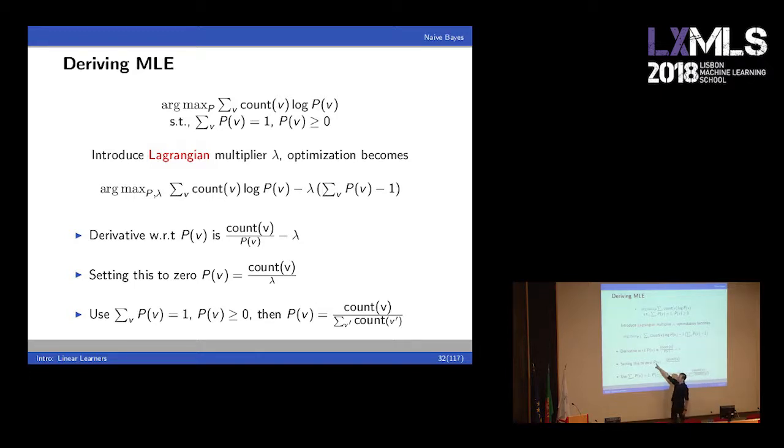So basically what we do is we sum the left-hand side up over V, and we get 1 here. We sum up the right-hand side over V. What we get here is the count of V summed up over V, and then we get that lambda can be expressed as the sum over V of count of V. So this is how we get to this relative frequency estimate, by just doing Lagrangian constrained optimization and making use of the fact that we have a probability distribution here.